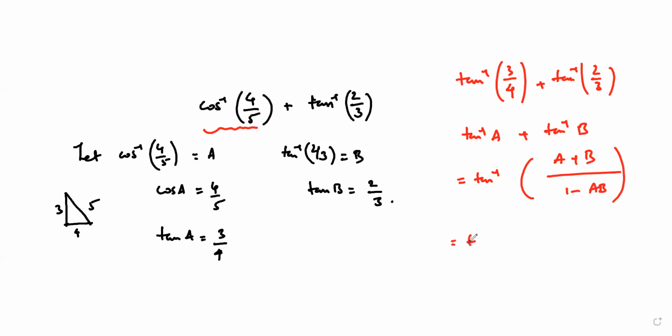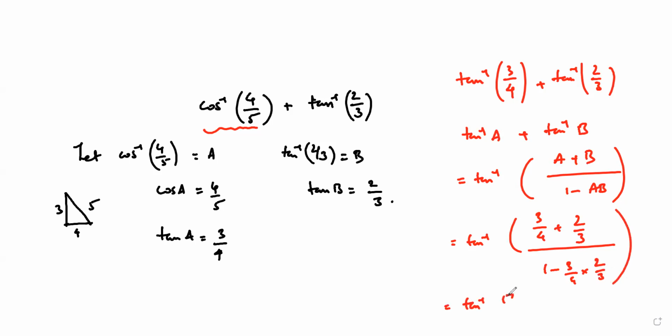Right? So this will be tan inverse of 3 by 4 plus 2 by 3 by 1 minus 3 by 4 into 2 by 3. Tan inverse of 17 by 6. Similar problem we did in the morning. That is the question.